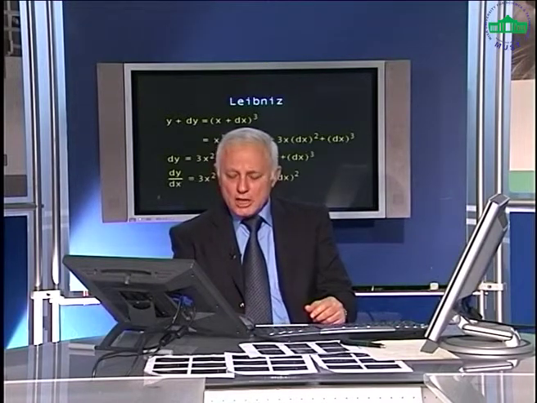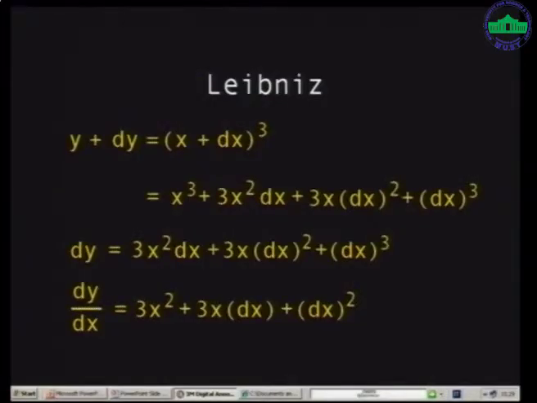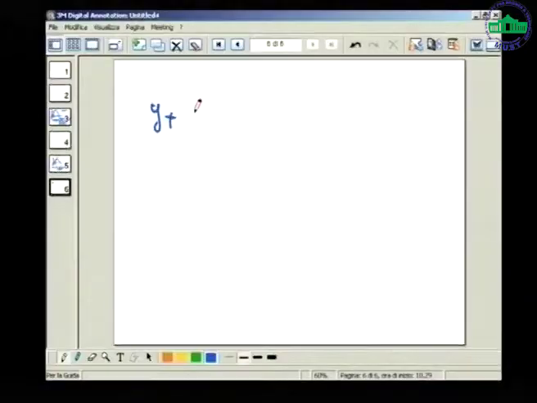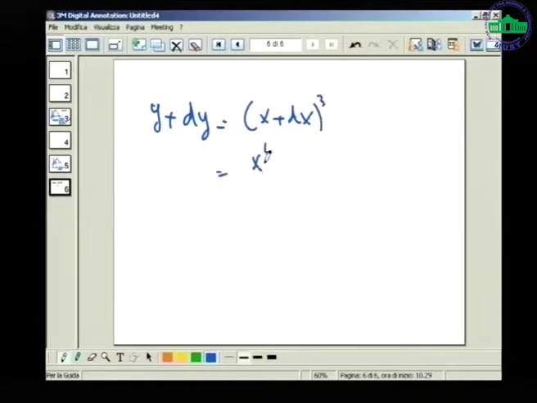Now the same thing was done by a German mathematician, Leibniz. In order, for example, to calculate the derivative of x cubed, he takes y equal to x cubed, so y plus dy is equal to (x plus dx) cubed. When you expand this, you get x cubed plus 3x squared dx plus 3x dx squared plus dx cubed.